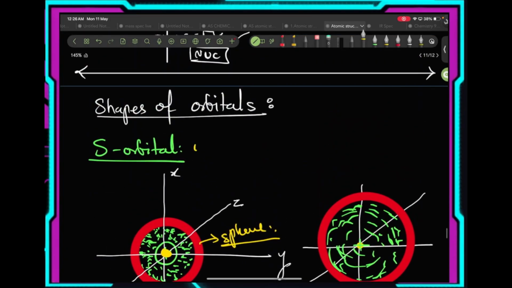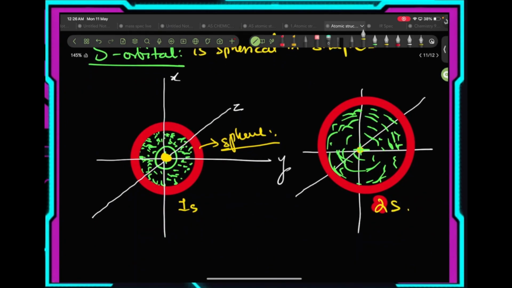So the s orbital is spherical in shape. Let's just color it like this, so you know that this is not a circle, it's a sphere.